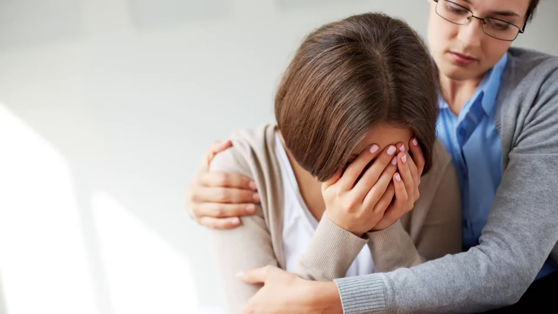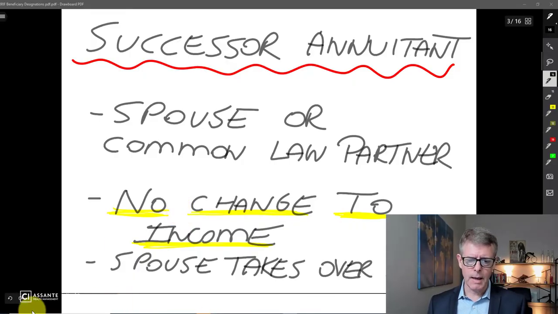Now, where that's really important is usually in a first to die situation, couples want to make sure that there's income continuity. There's a bunch of expenses that get triggered in a first to die situation, and the family has to pay bills, and the last thing you want to see happen is for income to be interrupted from a RRIF account as an example. So there's no change to the income, and the surviving spouse simply takes over the account.